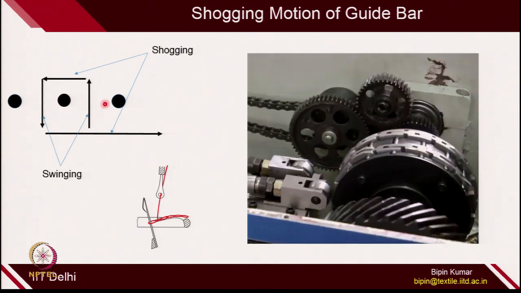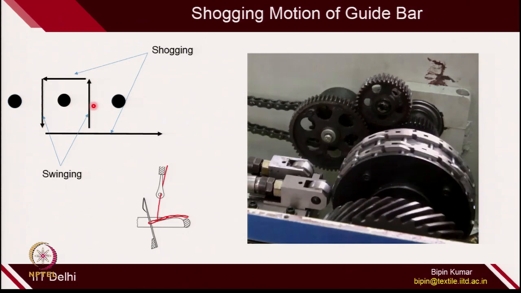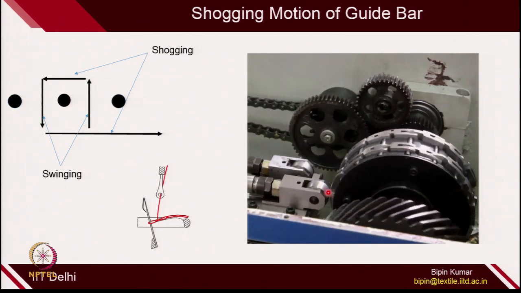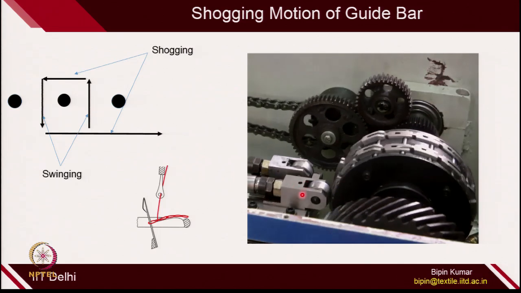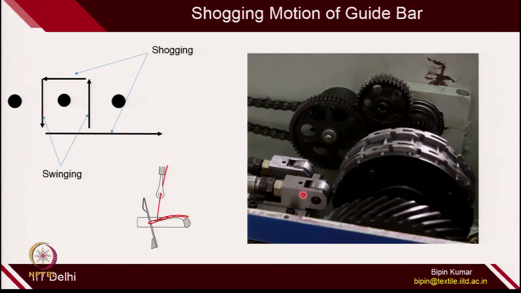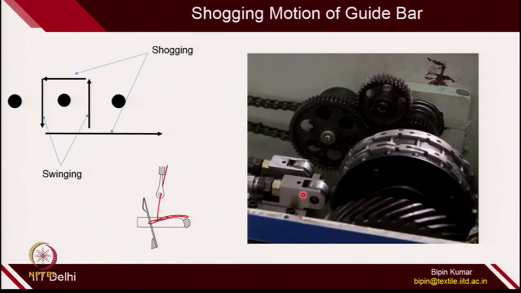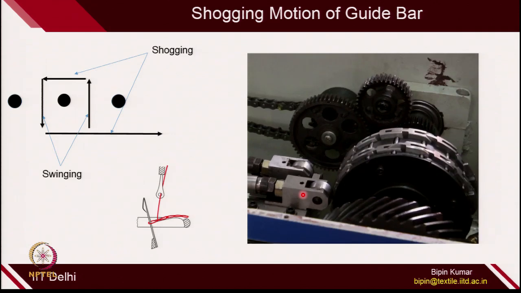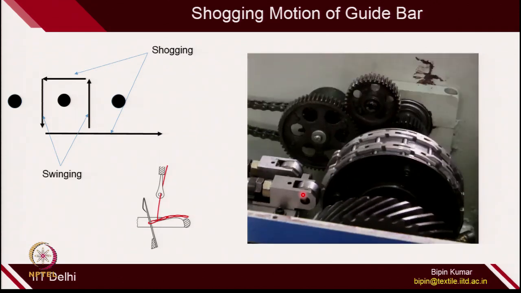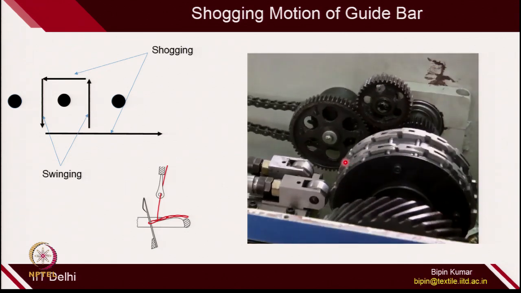So, if the distance between these two needles is, let us suppose, 1 mm, this is pushed by this rod, and the whole guides shift 1 mm right or left for a 1 cross 1 tricot. So, this is the shogging motion with the help of pattern drum and chain links.